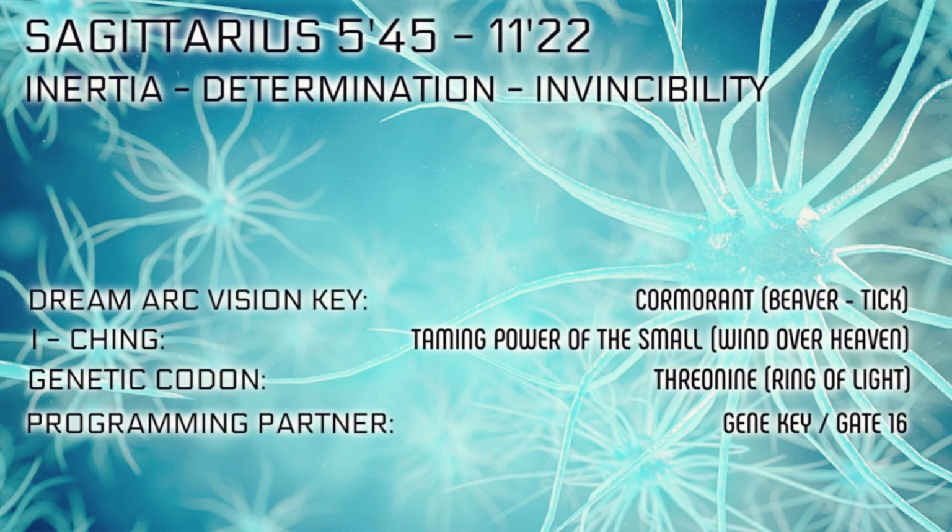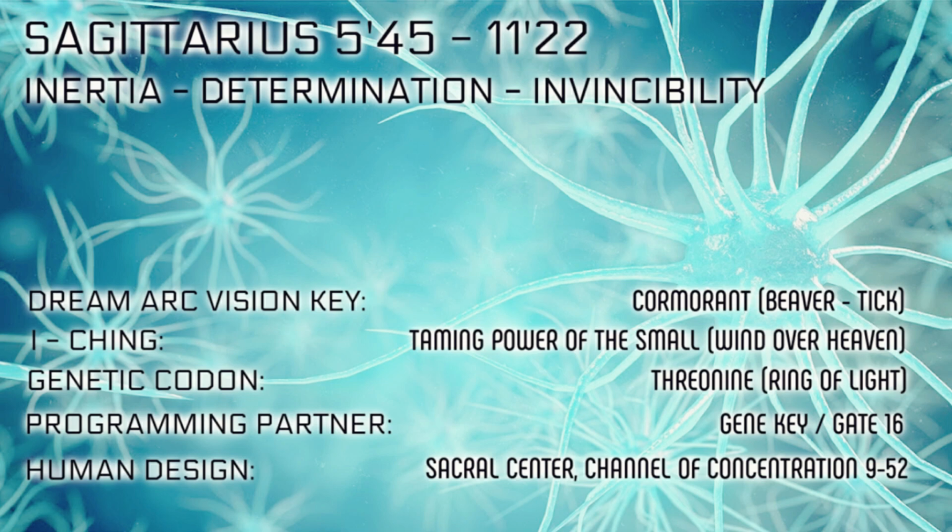The programming partner of this archetype is Gene Key and Human Design Gate 16, which is in correspondence with the Zodiac Gemini from 5.45 degrees of Gemini to 11.22 degrees of Gemini, and the programming partner is going to be the opposite point of this archetype, and that is going to help to show you what the complementary opposite or the balance is of this archetype.